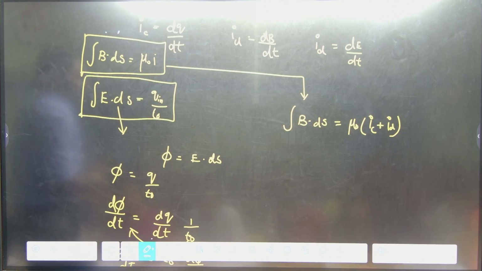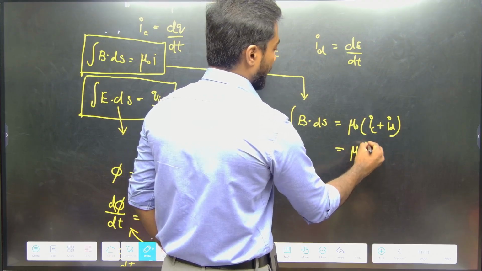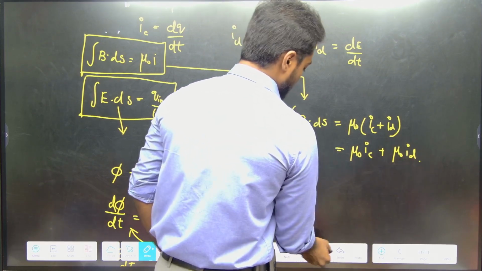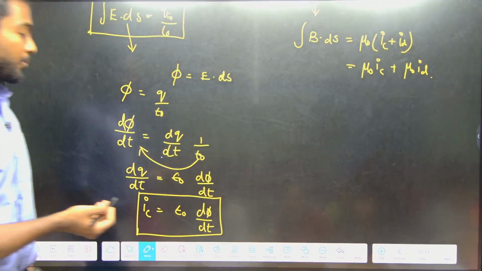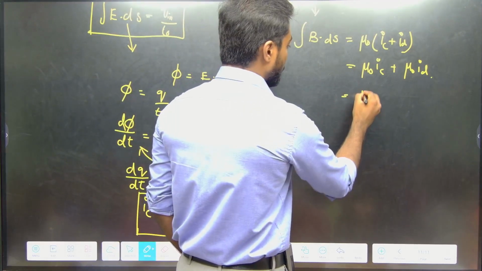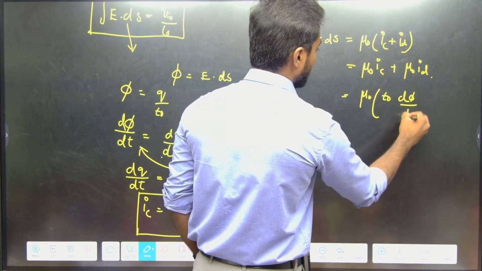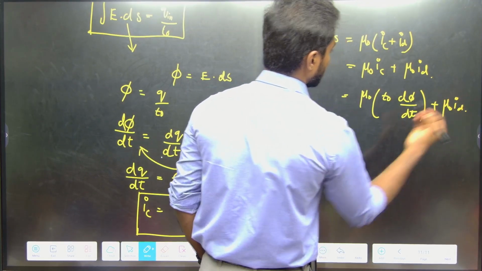Completed? So I can expand this: mu naught IC plus mu naught ID. So what is the IC formula we have got here? Epsilon naught d phi by dt. So mu naught times epsilon naught d phi by dt plus mu naught ID.